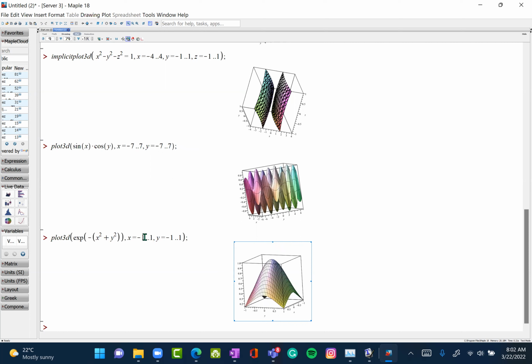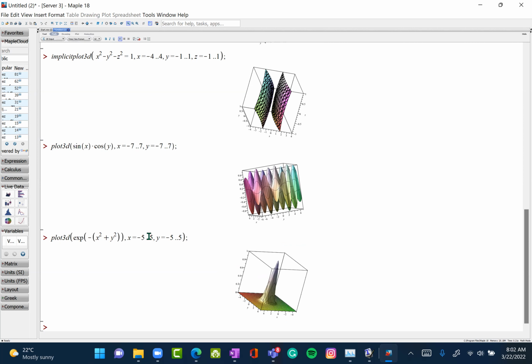Well, if you pick something bigger, you can see the shapes, right? It looks like a peak. Maybe that's too big, and you can experiment with this. So just say 3.